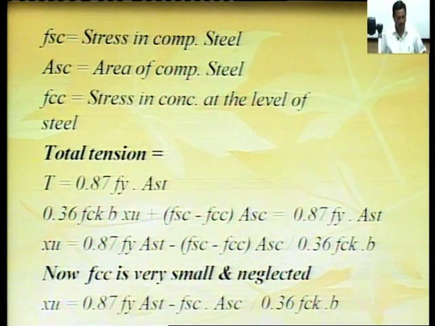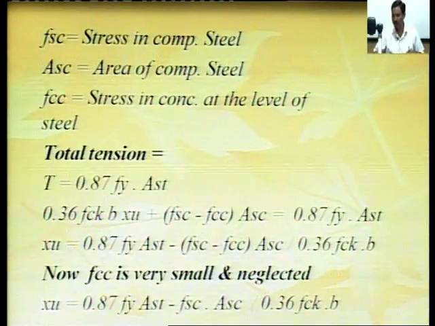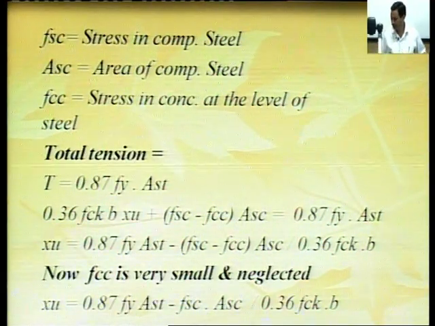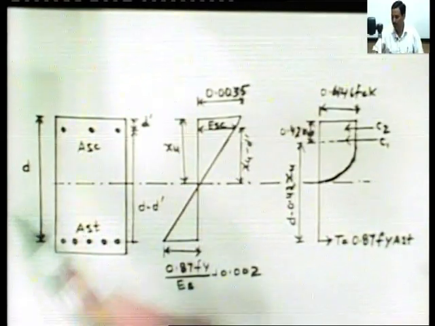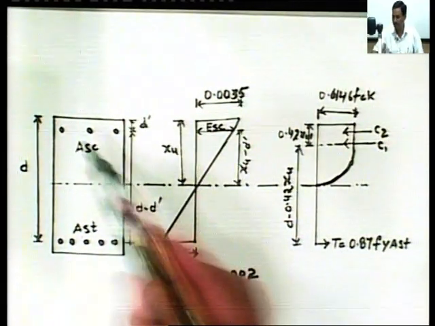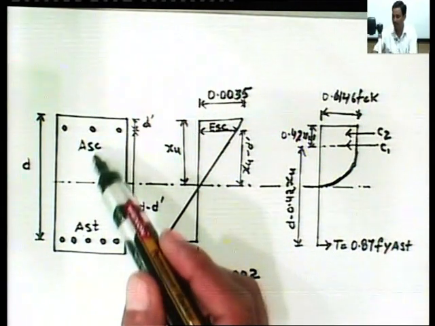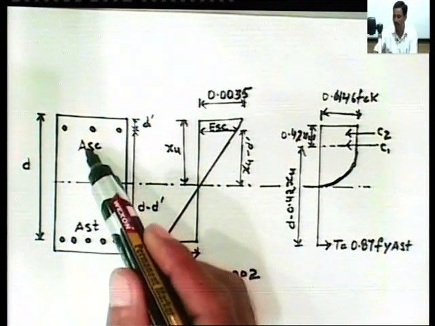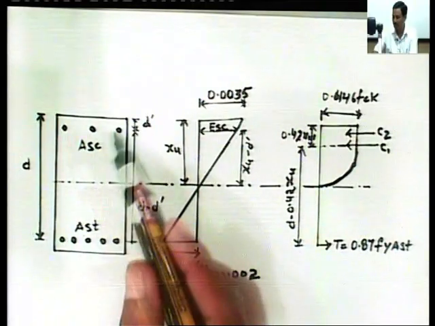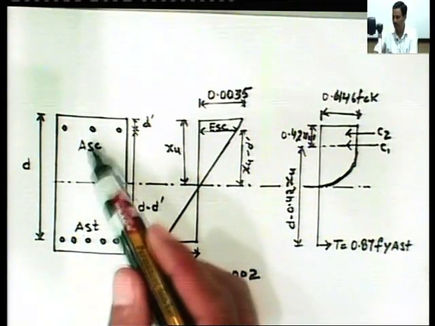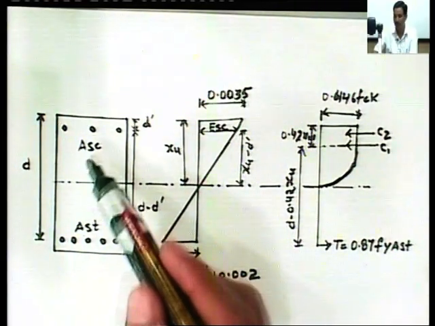Dear student, let me explain the depth of neutral axis with the help of a diagram. This is the beam section, this is the neutral axis, and the zone lying above the neutral axis is called the compression zone. This is the compression steel, and the area of compression steel is denoted by Asc.